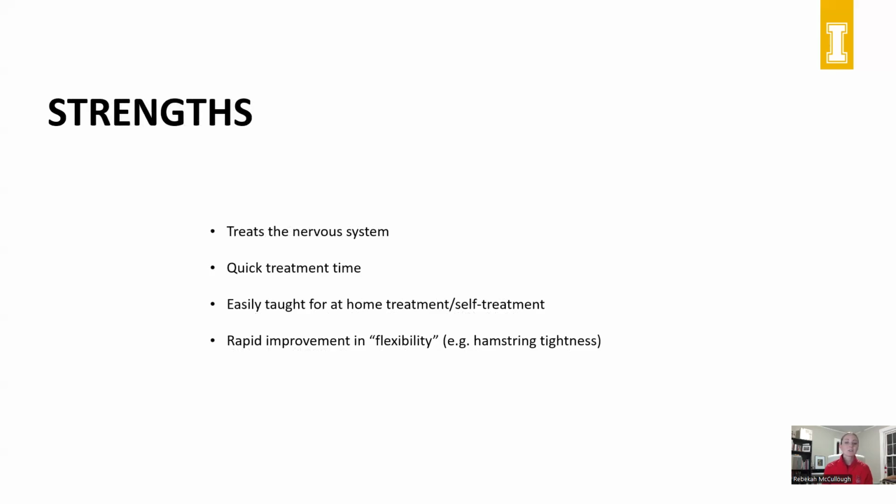And then you can see some rapid improvements in flexibility. We've talked before about how hamstring tightness probably isn't actually hamstring tightness, it's probably more of a nerve tension. So if you're able to get some mobilization of the nerve, then all of a sudden they feel way more flexible because they don't have that tension there anymore.